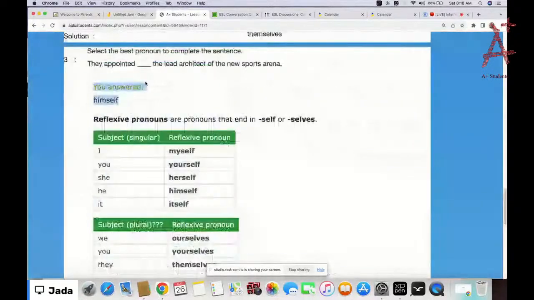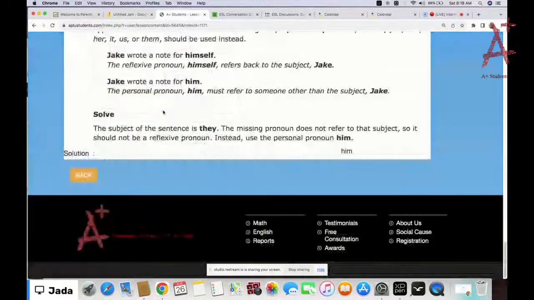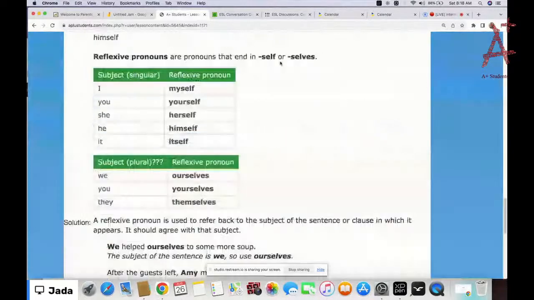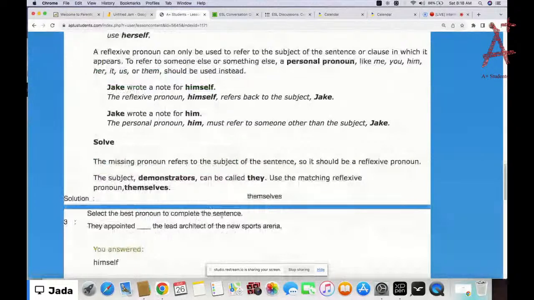They appointed dash the lead architect of the new sports arena. So you have "they appointed"; what's it going to be? They appointed him as the lead architect of the new sports arena.